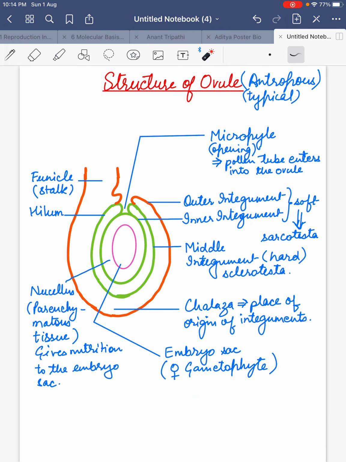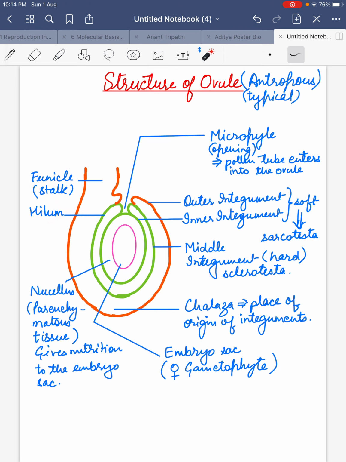Now, this female gametophyte is nourished by nucellus, which is made up of parenchymatous tissue, and it gives nutrition to the embryo sac. Ovule is attached to placenta with a stalk that is called funicle, and the attachment place of funicle and ovule is called hilum.